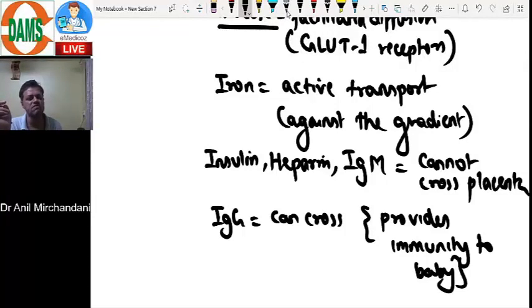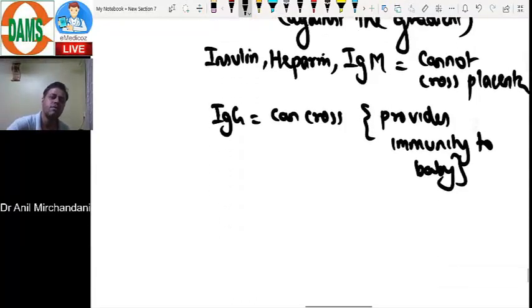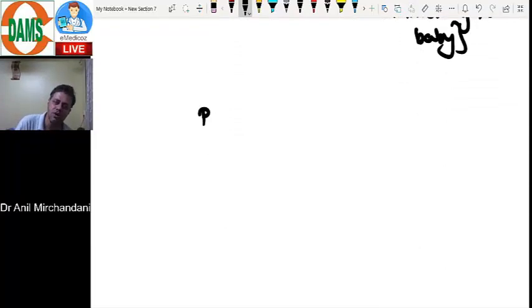So IgG can definitely cross, IgM cannot cross. If you take neonatal IgM, that cannot be of mother, that can only be of baby. IgM cannot cross placenta.